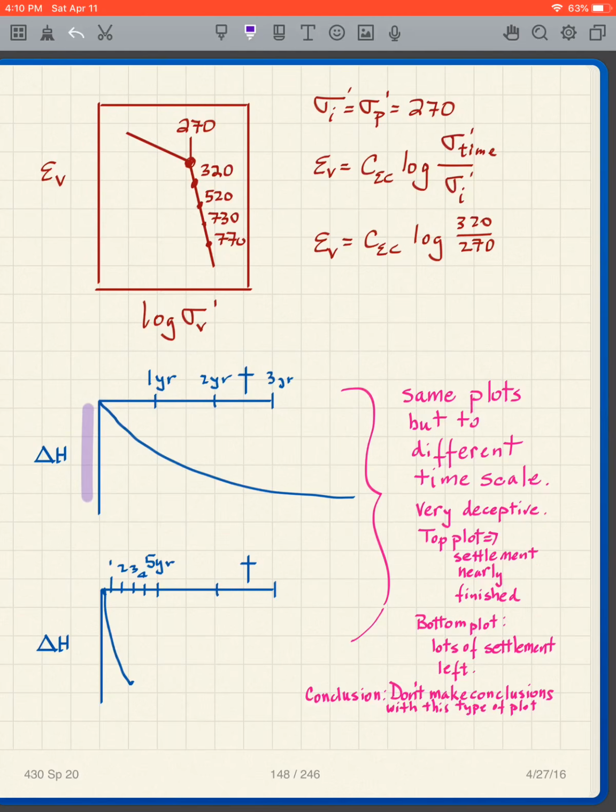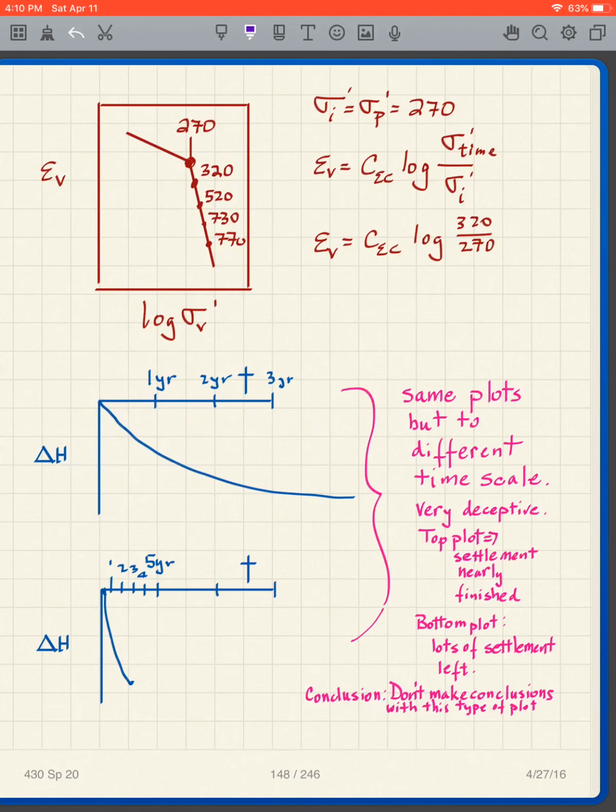And delta H increases in the downward direction. Now, I'm just going to let you know that we have time here, and then you just plot, okay, at 1 year the settlement's that much, at 2 years the settlement's that much, at 3 years the settlement's that much, and then you just connect it with a line.